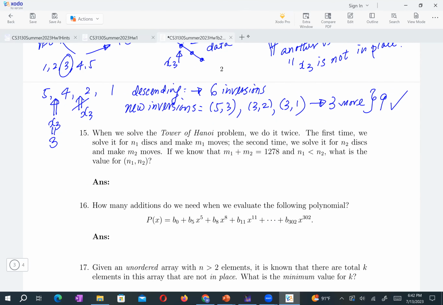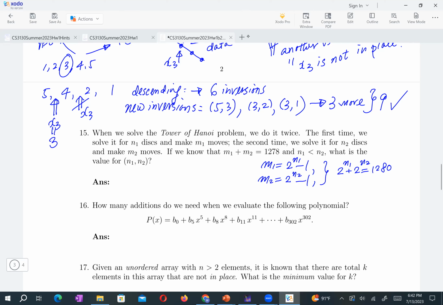Let me do one more question, then we take a break. So question number 15, after you know the formula, it's pretty easy. M1 equals 2 to the N1 minus 1. M2 equals 2 to the N2 minus 1. So now in the equation, you can simplify to get 2 to the N1 plus 2 to the N2 equals 1,280, because you add that too.